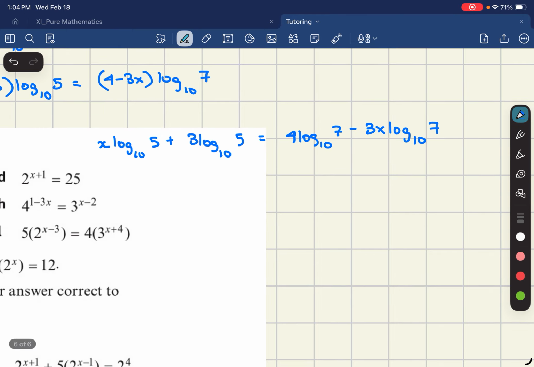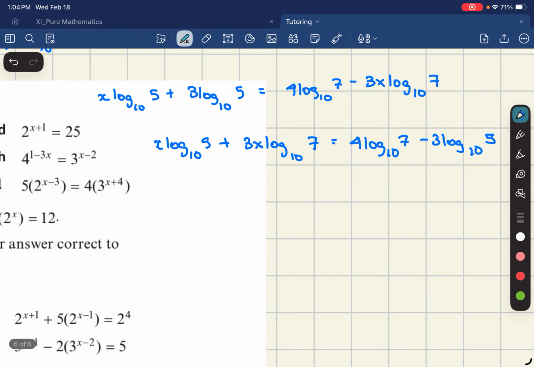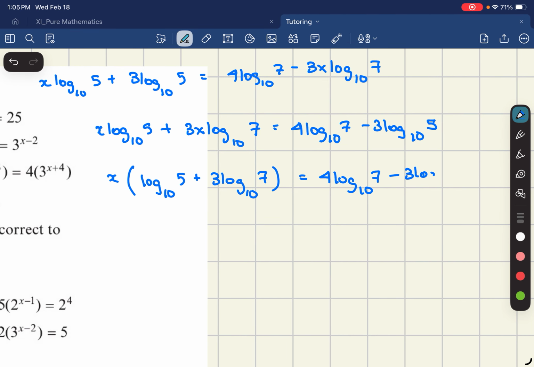And now putting the x terms on the same side, I get x log base 10 5 plus 3x log base 10 7 equal to 4 log base 10 7 minus 3 log base 10 5. So if I factor out x, I get x times (log base 10 5 plus 3 log base 10 7) equal to 4 log base 10 7 minus 3 log base 10 5.